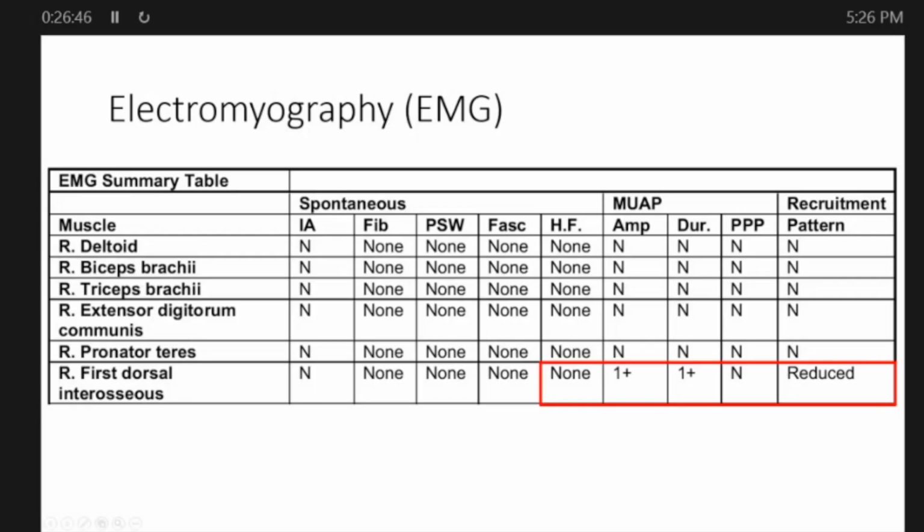Yeah, that's a good question. I think it depends really on their exam and the degree, the severity of their symptoms. If they have pronounced weakness, atrophy, then I'm not recommending waiting on that.